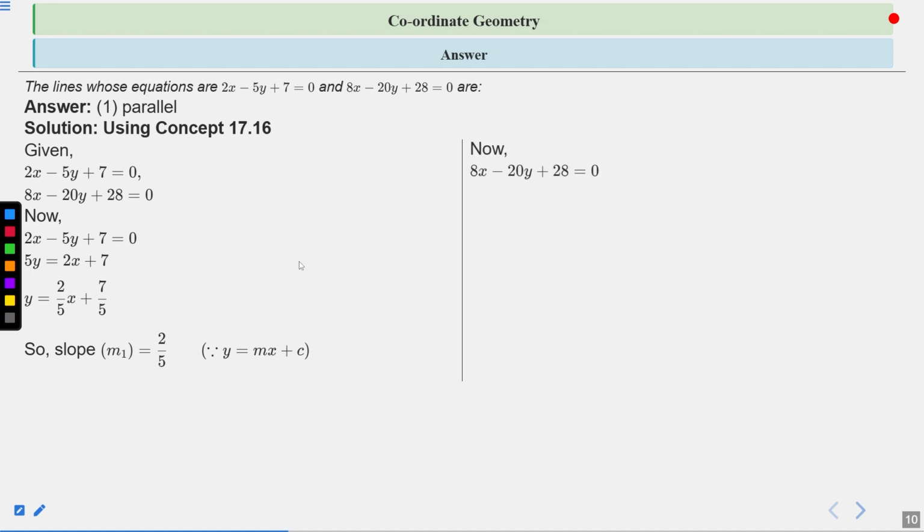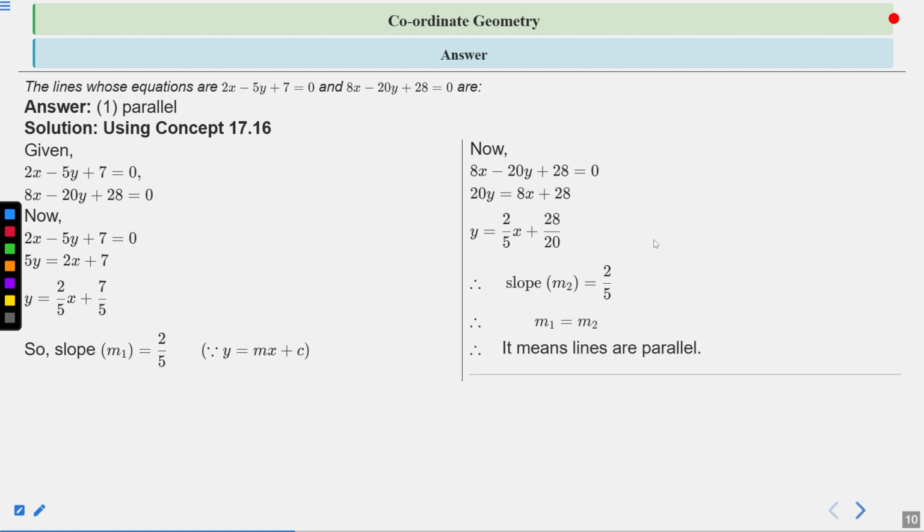Now 8x minus 20y plus 28 equals 0, so we can write 20y equals 8x plus 28. We can also write y equals 2 by 5 of x plus 28 upon 20. Now the slope m2 is 2 by 5. So m1 equals m2, and if m1 equals m2, it means the lines are parallel. So the first one is the correct answer of this question.